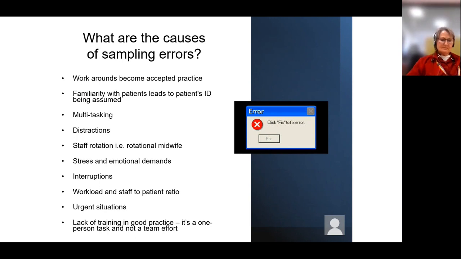Well, you just saw from my previous examples that workarounds are quite common and can often become acceptable practice in busy wards. We are over-familiar sometimes with our patients and don't always ask them to identify themselves. We multitask, we have distractions, and there's things like staff rotation, for example, rotational midwives in and out of community and different areas.